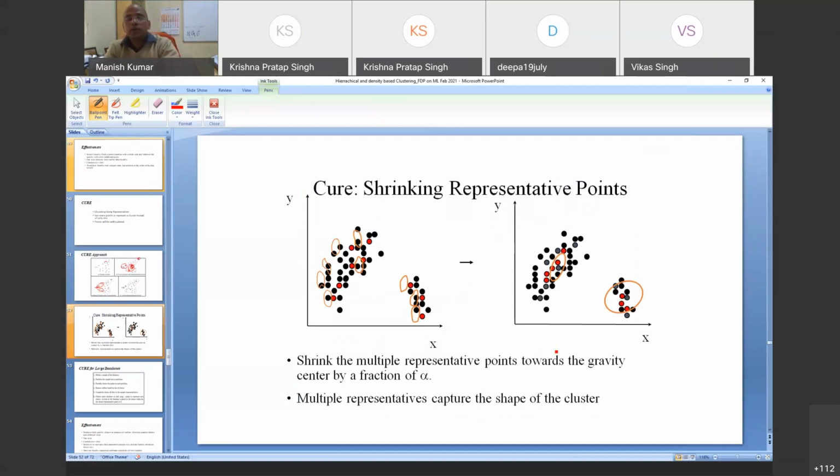Then what you do is shrink the representative points by some fraction alpha. Then you will find that they converge to the center part of the data points, and that gives you a clear picture of the cluster.